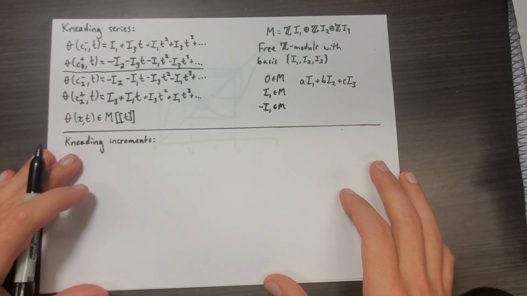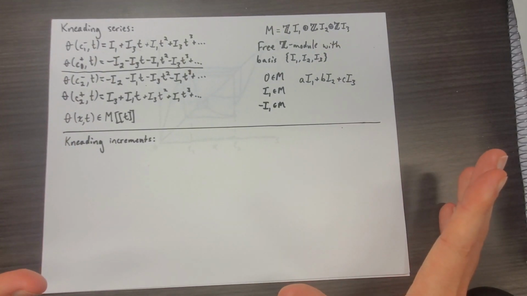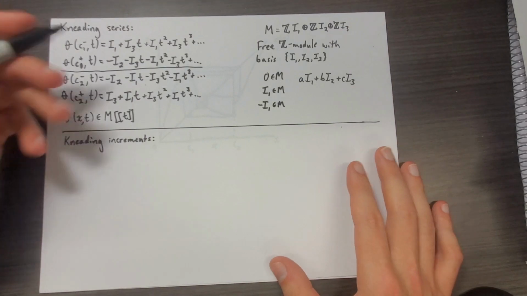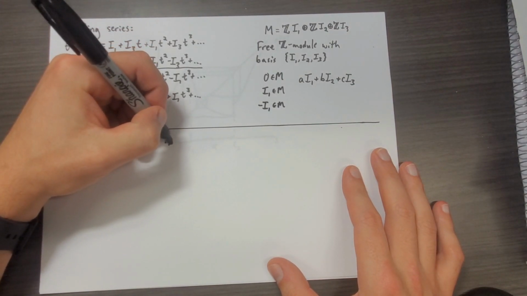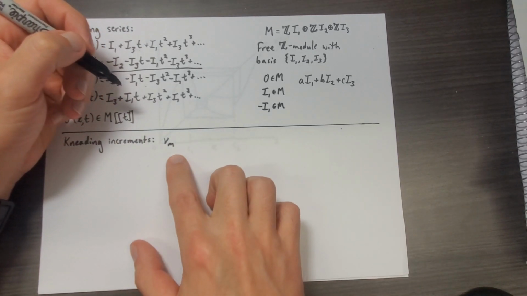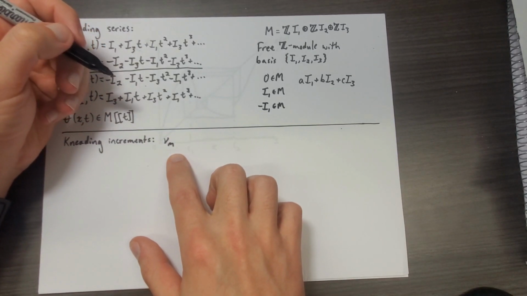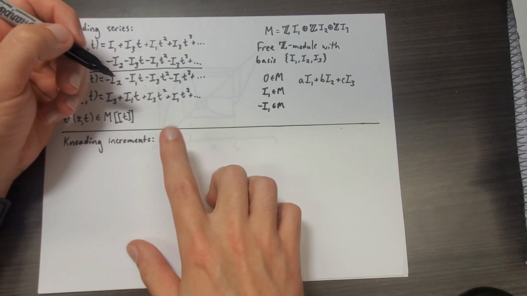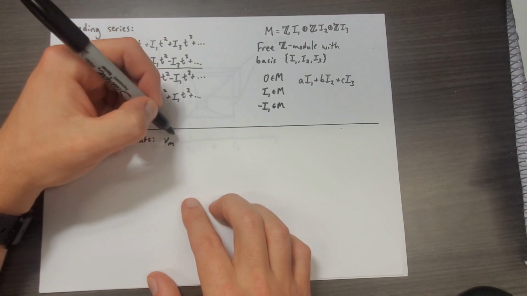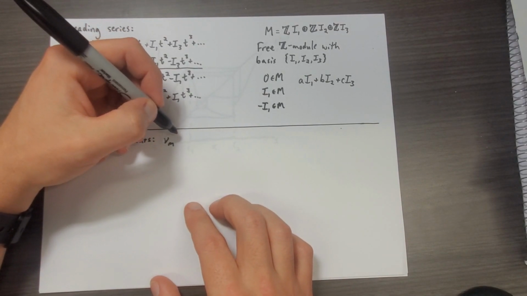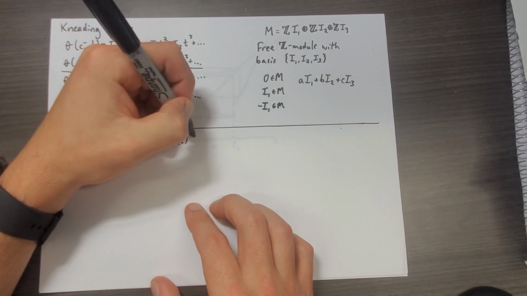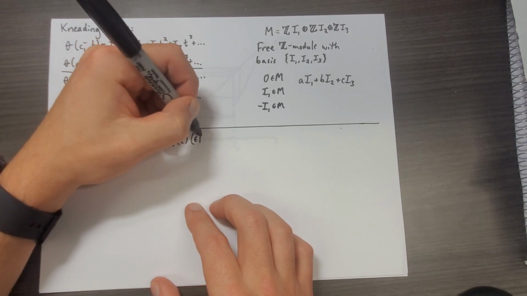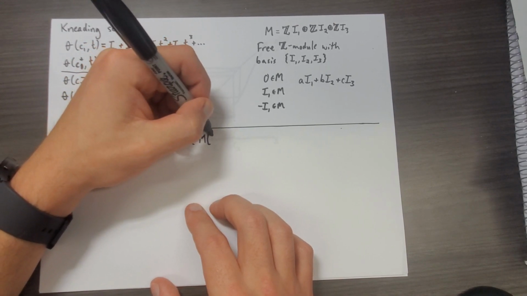And I come up with this thing called kneading increments. And the way kneading increments work is as follows. You write nu, the Greek letter nu, m. So m corresponds to a particular critical point. So m can range from 1 to 2. And this is going to be a power series, again in the power series over m, that free module.